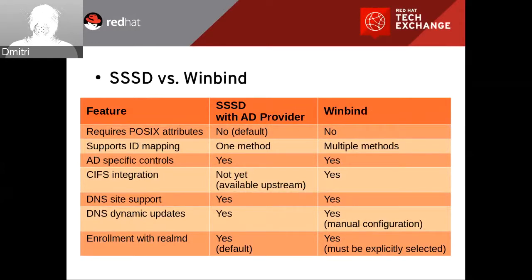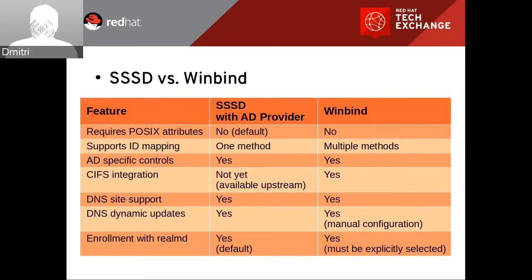Winbind went through 8 iterations of those methods, trying to figure out the best method. I think it came to a stable method called RID, and that's what SSSD implemented. So it's compatible with Winbind's best method.